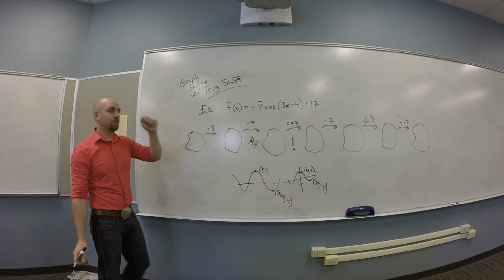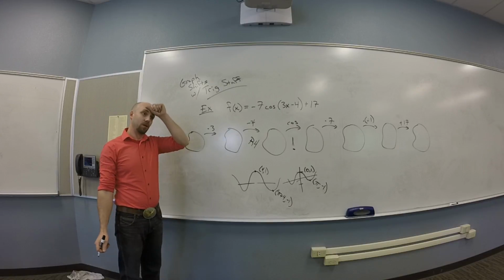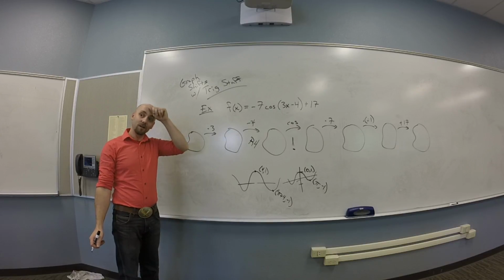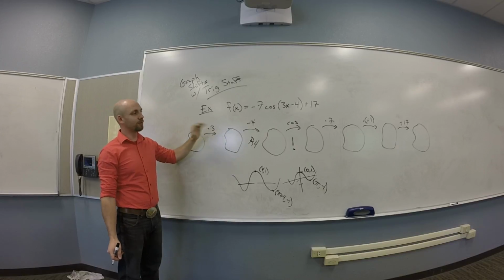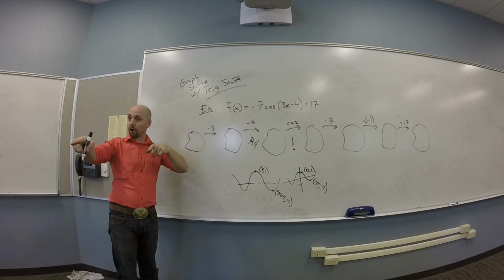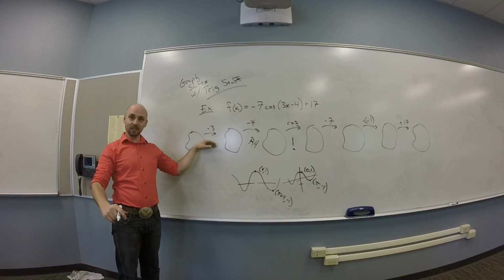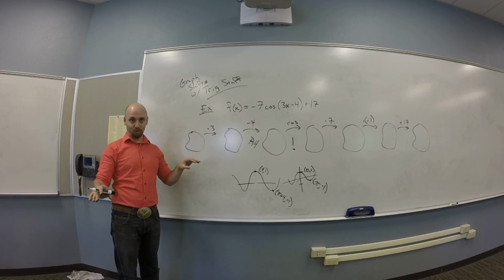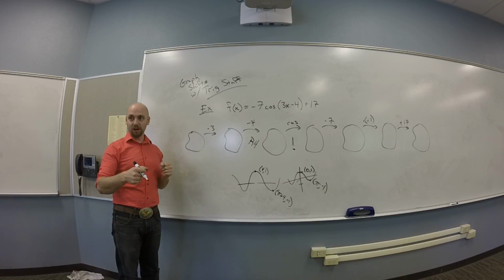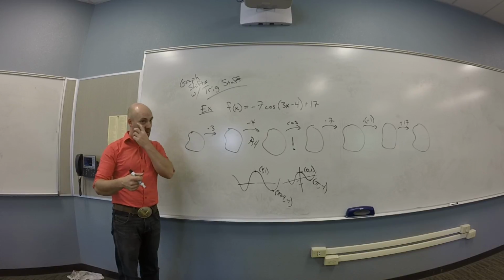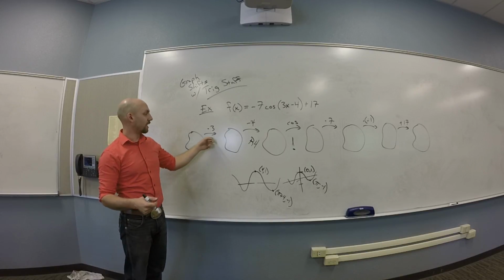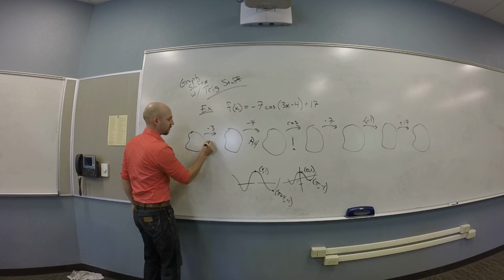Then what does multiply by 3 do? Vertical stretch? Nice try. It's a horizontal compression. I'm in x land, so it's before the rule and everything's backwards: it's horizontal instead of vertical, and a compress instead of a stretch. This compresses everything by 3.